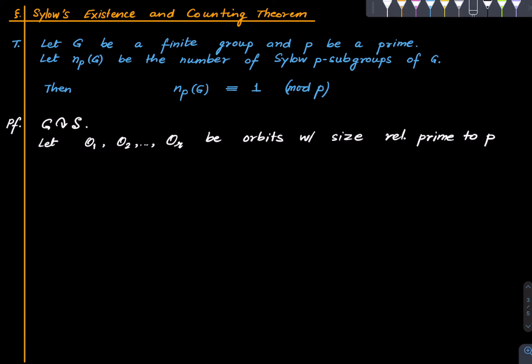And let O_1 prime, O_2 prime, dot dot dot, O_s prime be the orbits with size divisible by p.